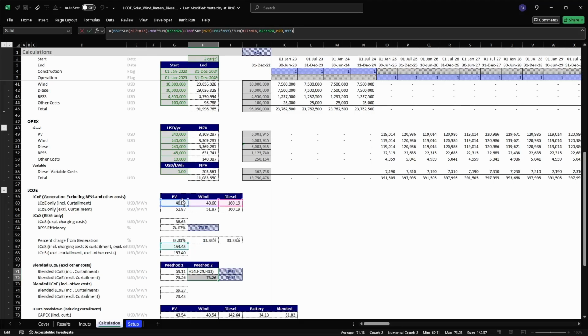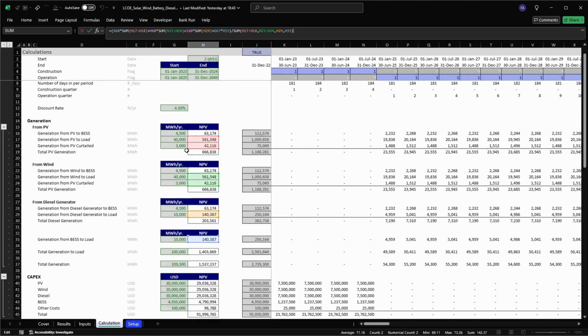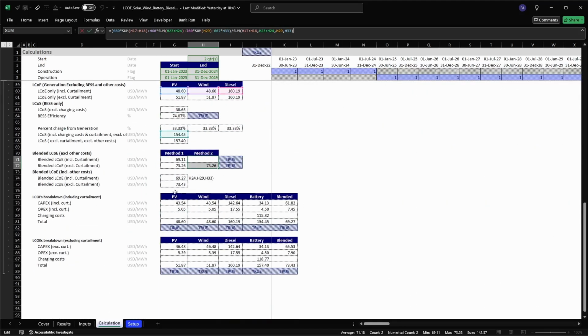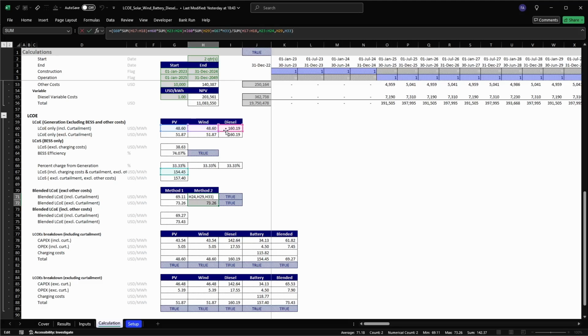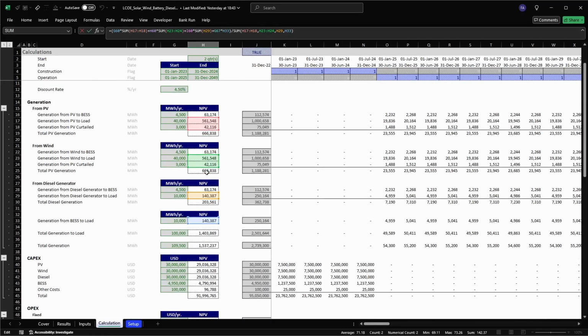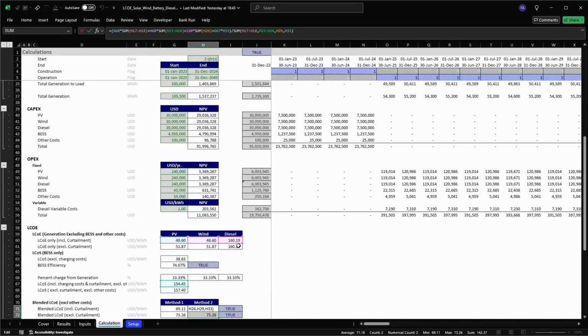So I have the levelized cost of the PV multiplied by the total energy provided by the PV, including curtailment. Then I have the LCOE for the wind multiplied by the energy provided by the wind asset to the load, including curtailment. And then I have the diesel, the same thing.